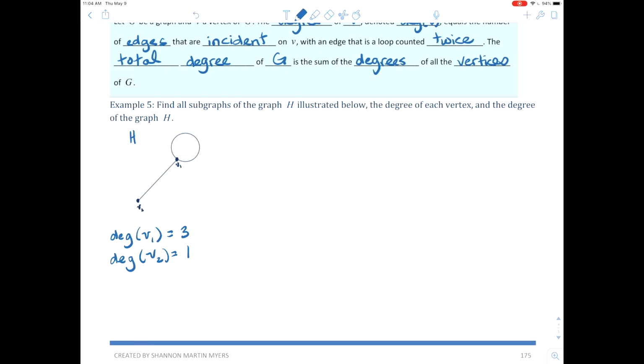And so what about the degree of our graph H? That's going to be 3 plus 1, which is 4. Beautiful. All right. So now let's start drawing pictures of all the subgraphs of H.